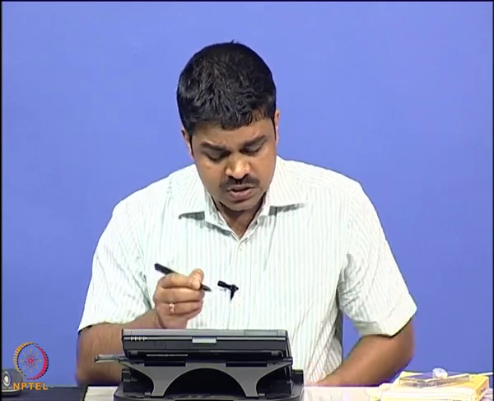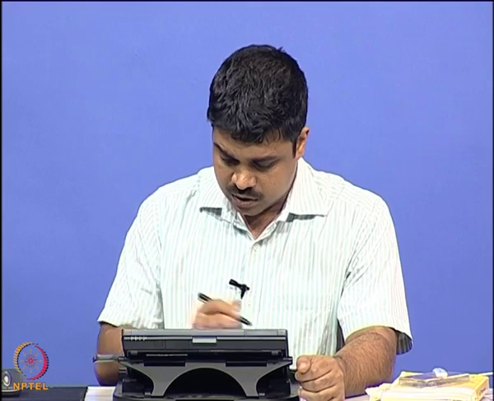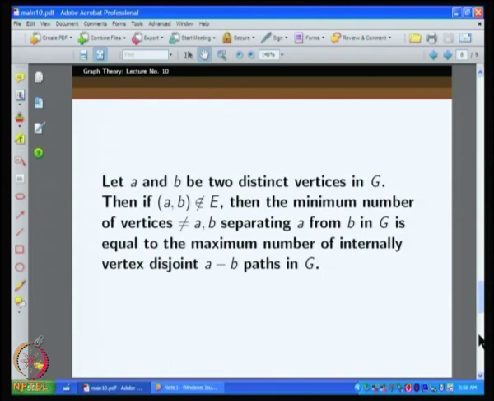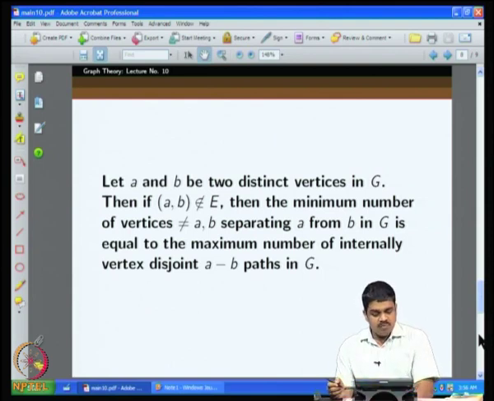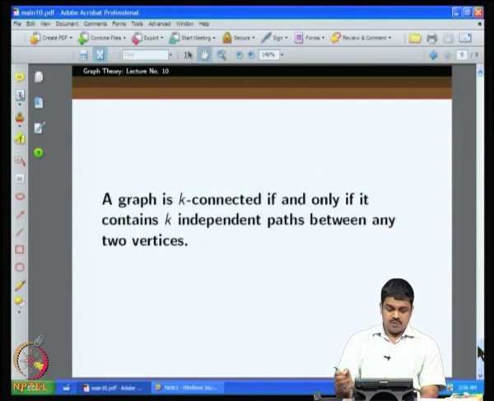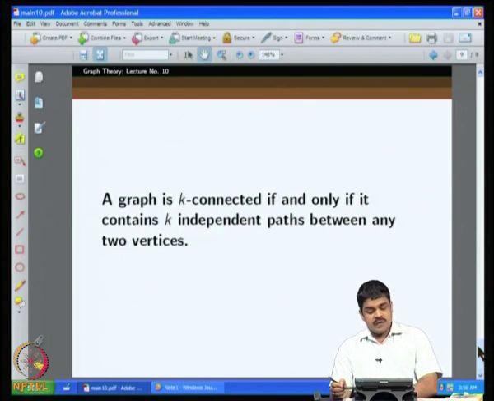Now finally, this would also allow us to make this statement. This was the last one we stated: let A and B be two distinct vertices in G. Then if AB is not an element of E, the minimum number of vertices other than A and B separating A from B in G is equal to the maximum number of internally vertex disjoint AB paths in G. Now a graph is K connected if and only if it contains K independent paths between any two vertices.